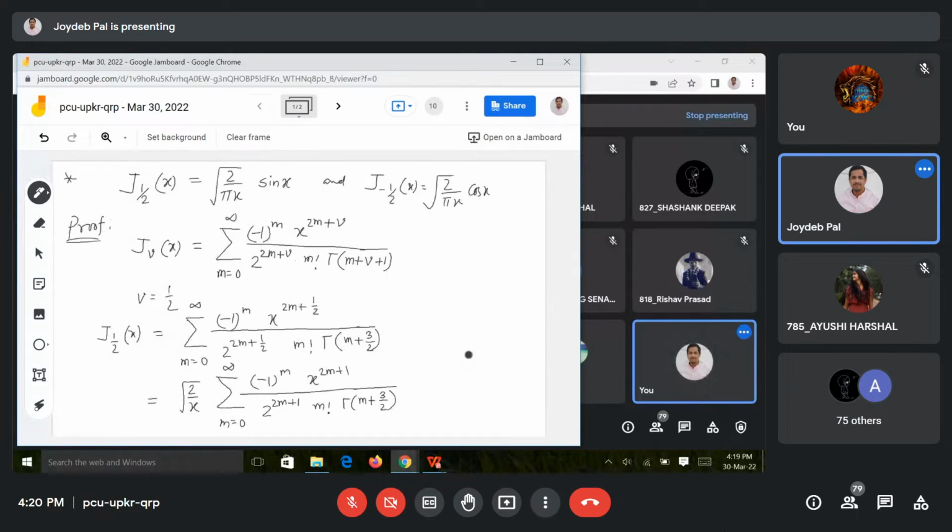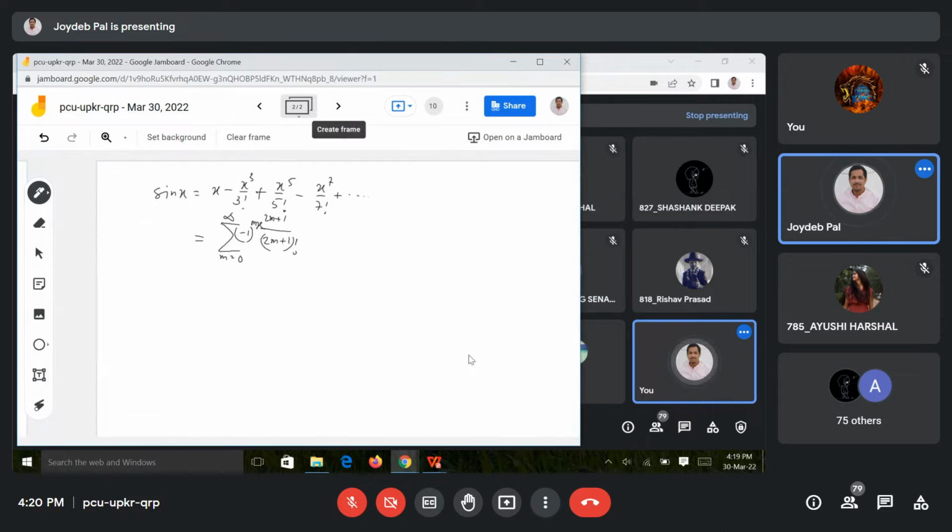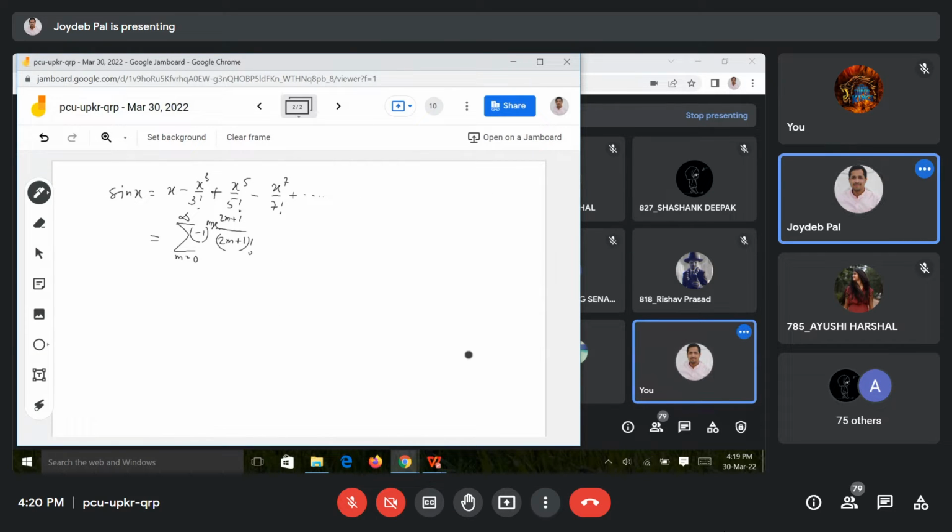Now, here you see, in the numerator we are getting that similar one, minus 1 to the power m, x to the power 2m plus 1, and in the denominator we have something else. So what is our target? Our target is to convert that denominator into 2m plus 1 factorial. Then we are done.